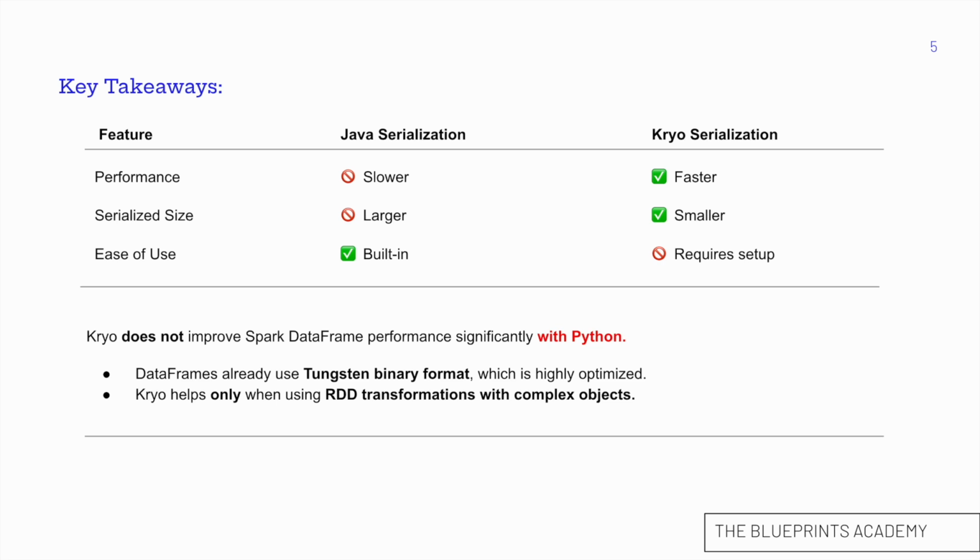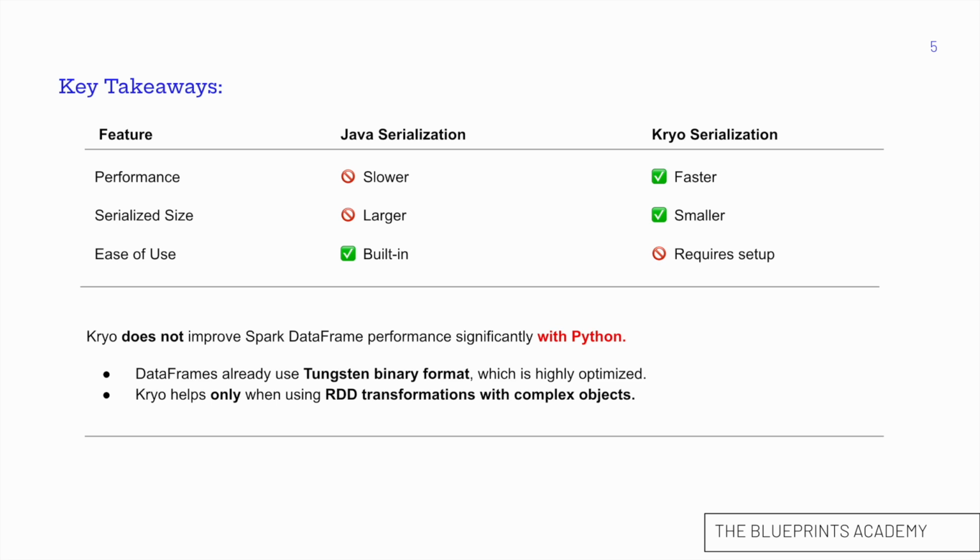If you're using Python or PySpark, it already has something called Tungsten binary format, which is already an optimized way of serialization. So you would hardly get any changes even if you enable Kryo serialization in your PySpark jobs, especially for data frames.